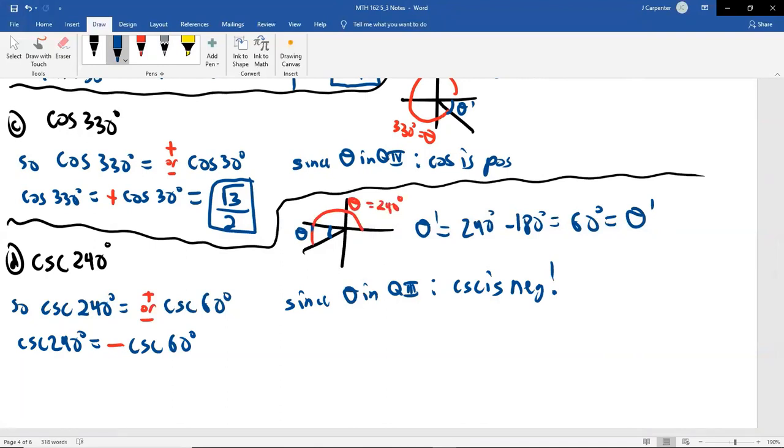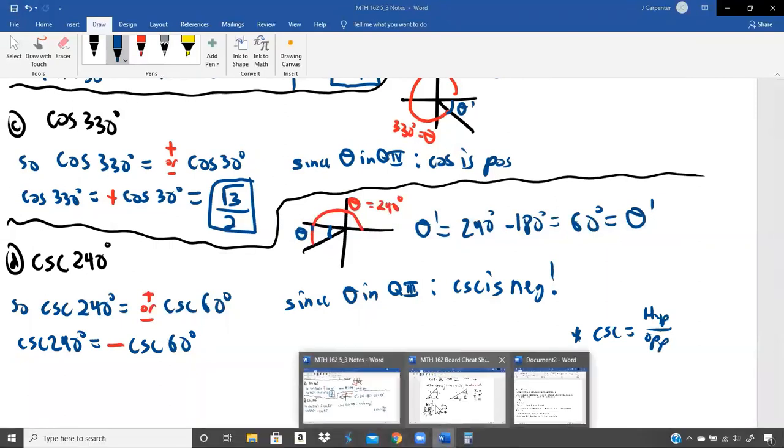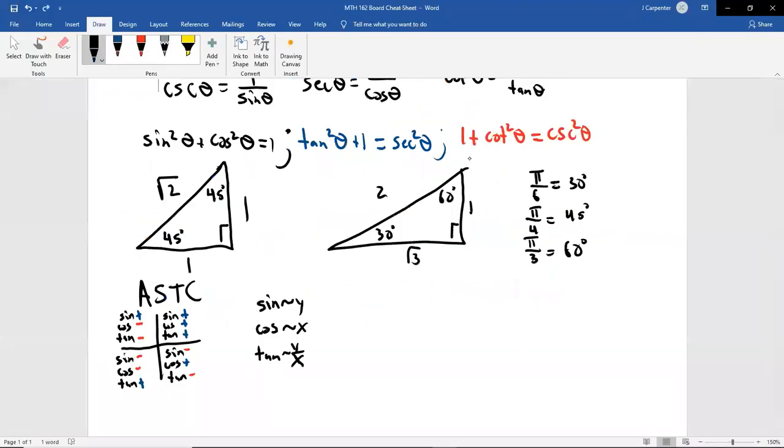But let's actually try and remember the relationship between cosecant and its opposites, adjacents, and hypotenuses. As a reminder, if sine is opposite over hypotenuse, cosecant is hypotenuse over opposite. So we got to go to the 60-degree reference triangle. So we're up here this time, and cosecant is going to be hypotenuse over opposite.